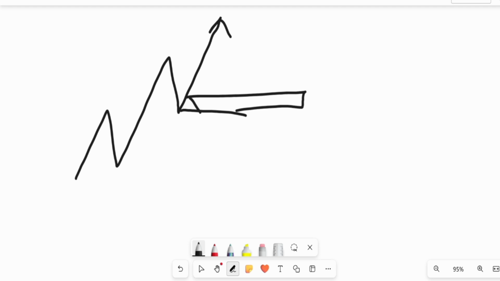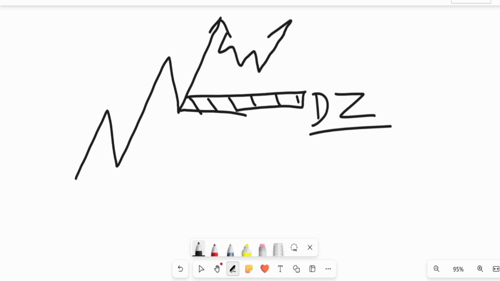If you zoom to a lower time frame, this is our demand zone. If you zoom to a lower time frame, you will find a series of zones. The market can't move in one straight line, so it has to come and retest. If you zoom to a lower time frame, you will see these zones. Now these zones are what we call the liquidity.